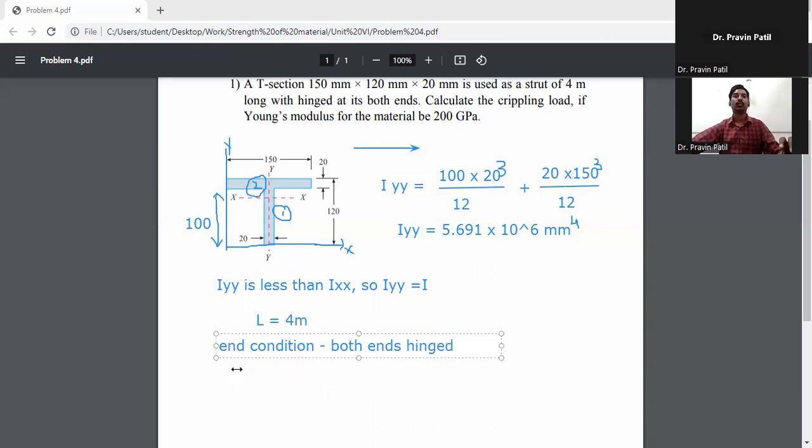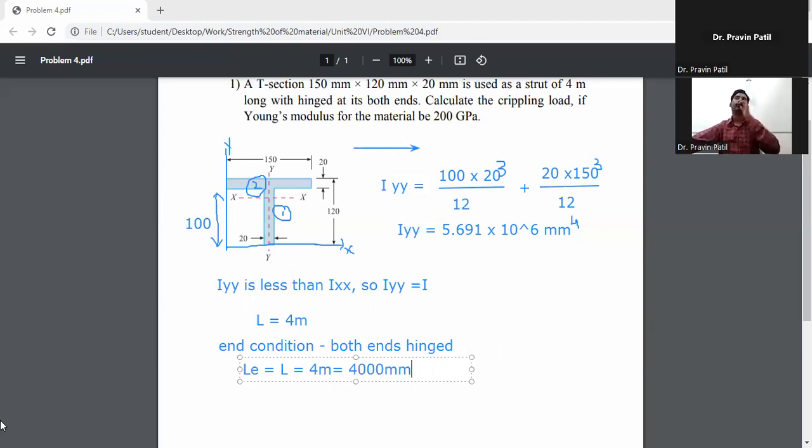So when both ends are hinged, the effective length LE is equal to L. So L is 4 meter. Convert it in mm, that is 4,000 mm.